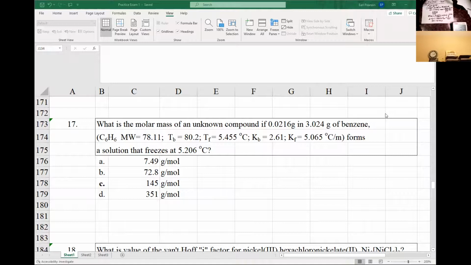Okay, now, the correct answer we get is 145 grams per mole, which is what we got.